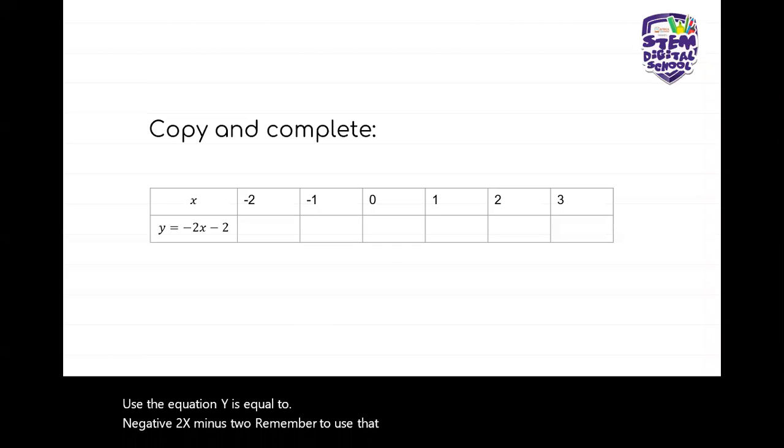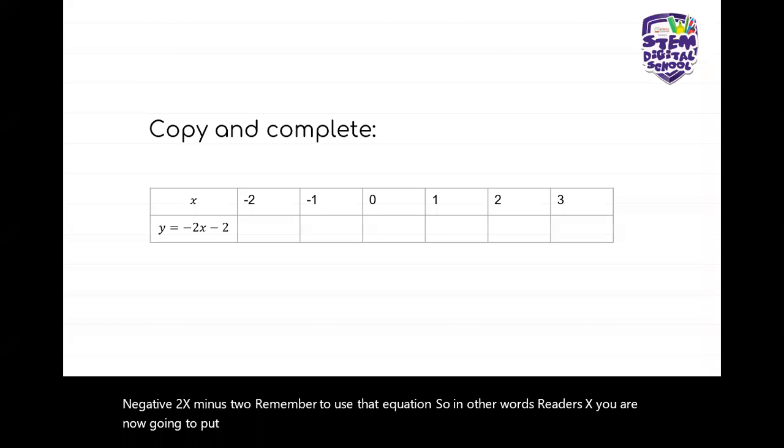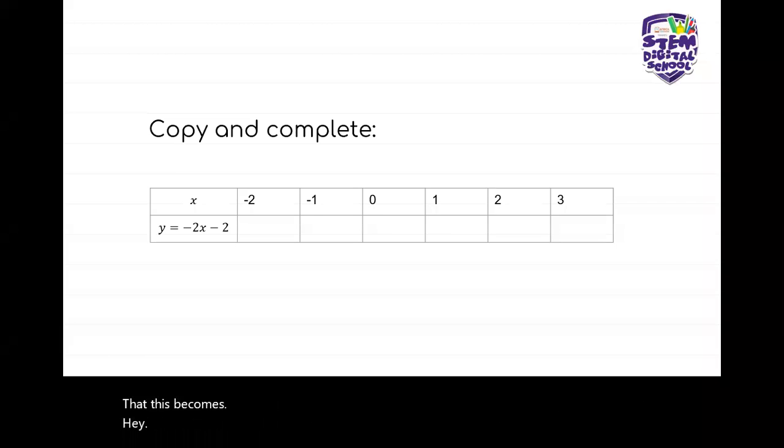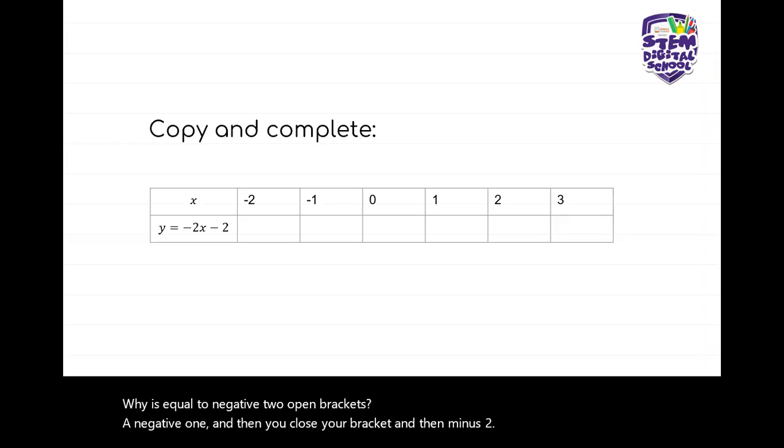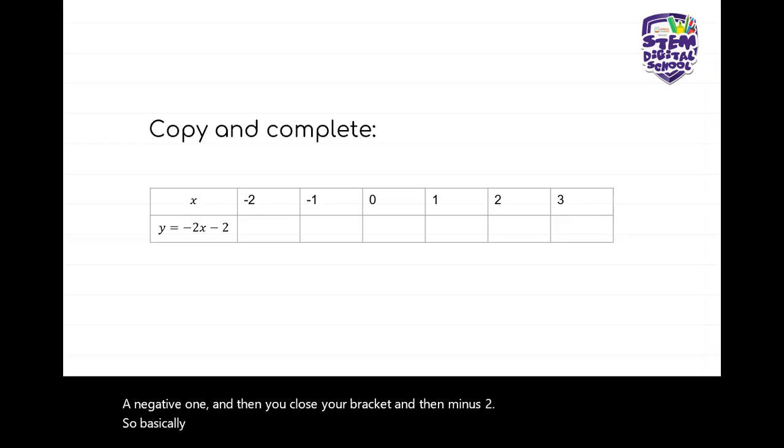So in other words, where there is x, we are now going to put the value of x. So I'm going to demonstrate once again that this becomes y is equal to -2 open bracket -1, and then you close your bracket, and then minus 2. So basically, this is how you proceed.